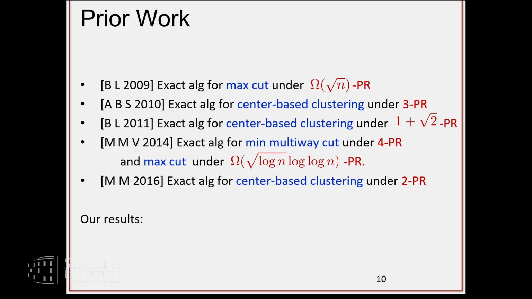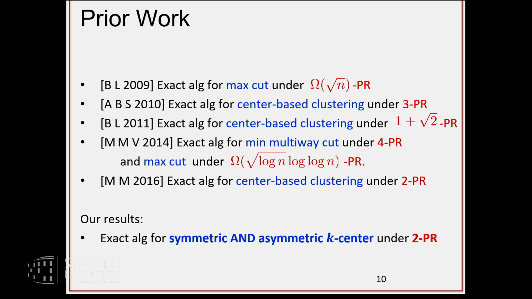Okay, so for this talk, I'll be discussing exact algorithms for symmetric and asymmetric k-center under two perturbation resilience. On the one hand, if we compare these results, what I'm going to be talking about doesn't handle k-median or k-means, but it handles the asymmetric case. And also for the symmetric case, as we'll see soon, it's a more general result.